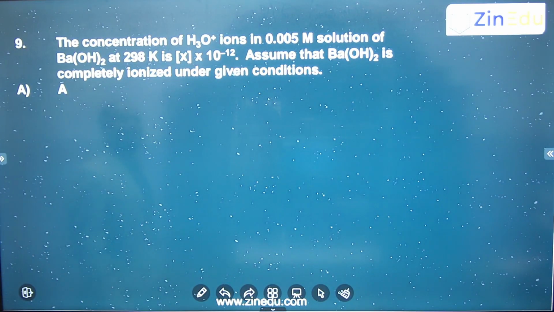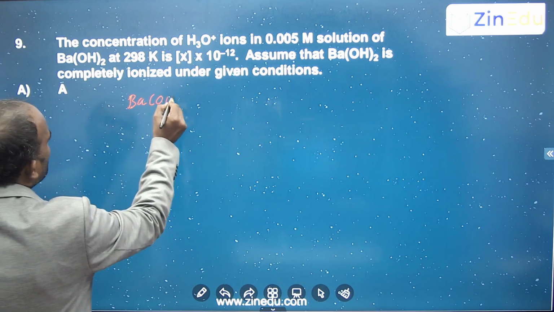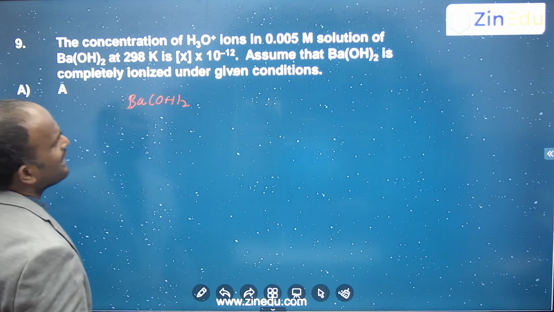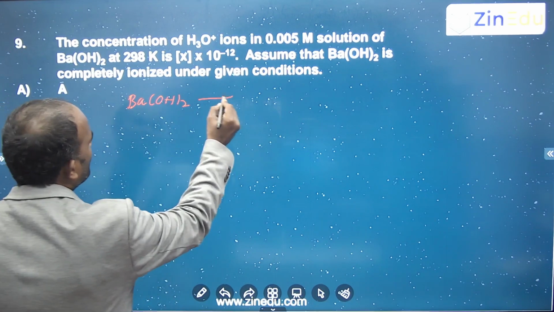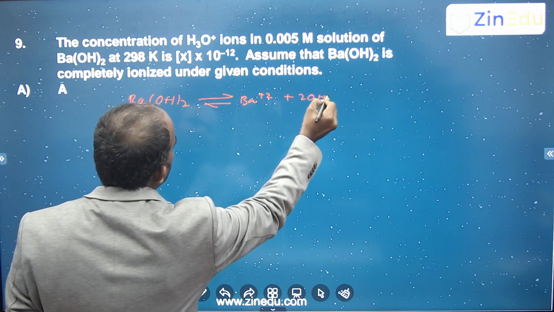Next, the concentration of H3O plus ion in a 0.05 molar solution of barium hydroxide. Barium hydroxide, Ba(OH)2, gives rise to Ba2 plus and 2OH minus.